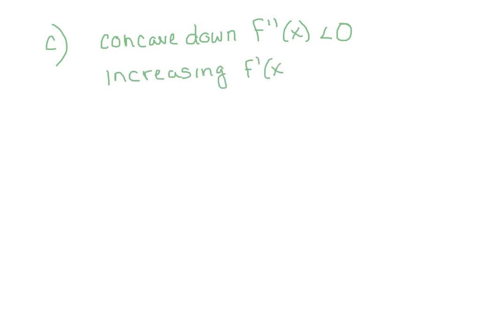Okay, so it's going to be concave down. I would write stuff like this down. Concave down when f double prime is less than 0, and increasing when f single prime is greater than 0. So remember, this graph is f single prime. So where is it greater than 0?